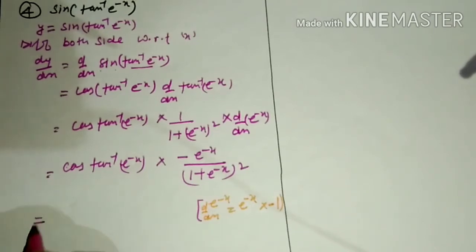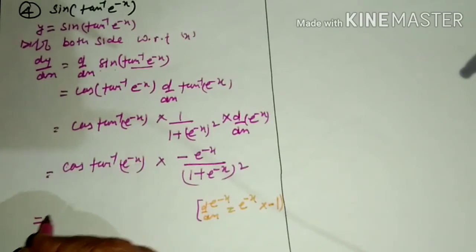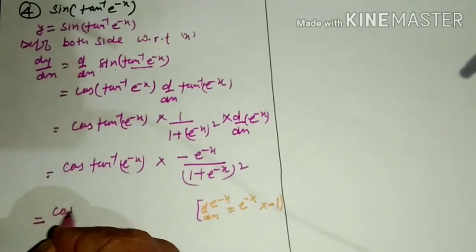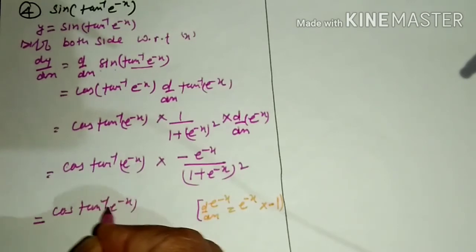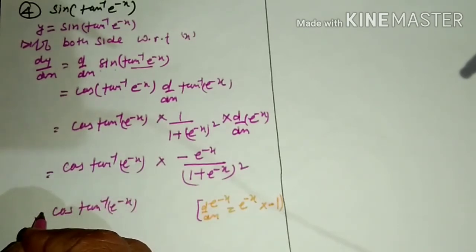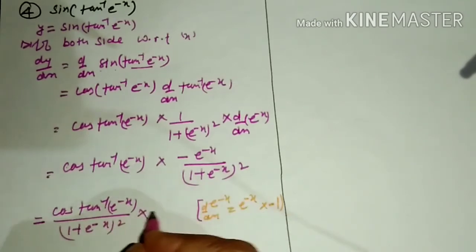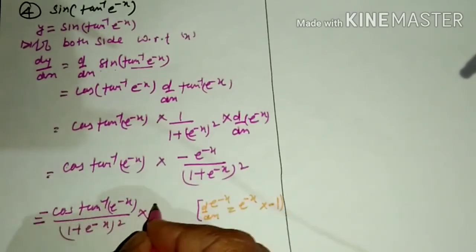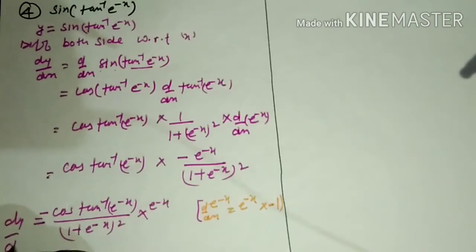So we can write it as cos tan inverse e to the power minus x upon 1 plus e to the power minus x whole square, and minus e to the power minus x. So that is our dy upon dx. Clear?